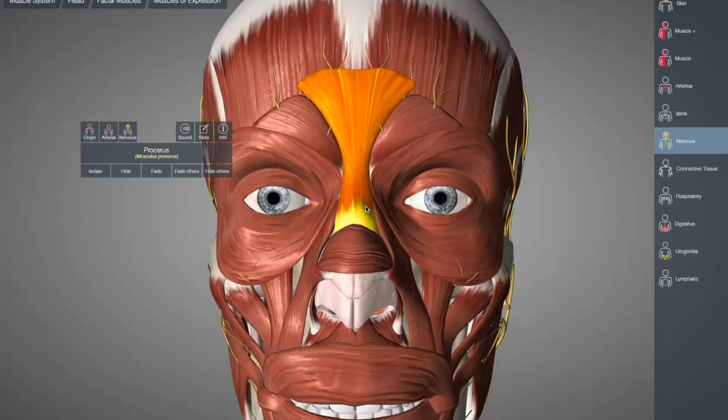Procerus is the most superior of the nasal muscles. The most superior, first point. It lies superficially to the other muscles of facial expression.